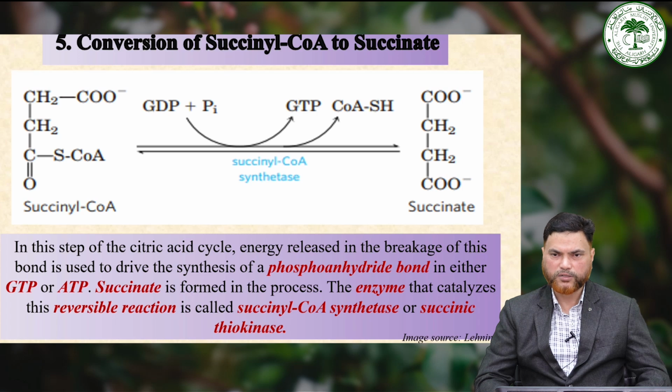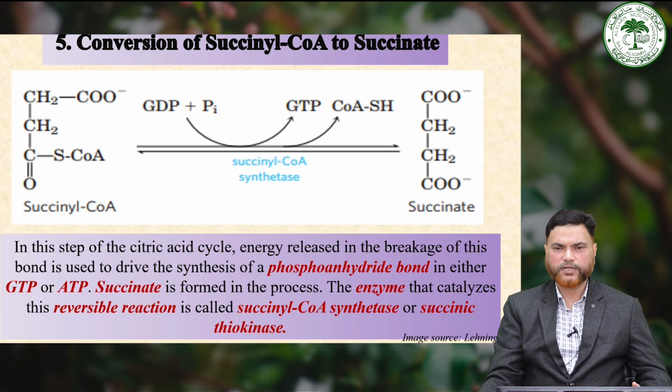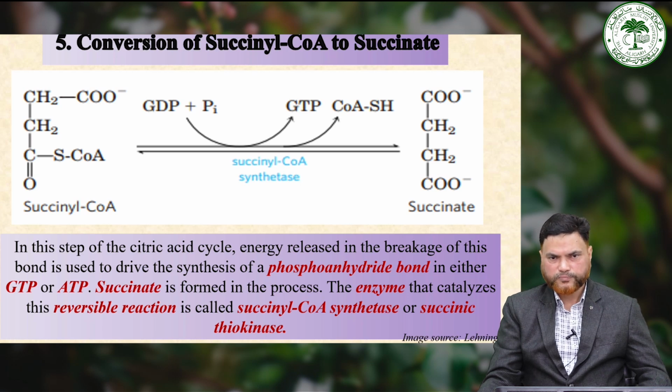In animals, it leads to the phosphorylation of GDP, resulting in the synthesis of GTP. The enzymatic reaction is catalyzed by succinate thiokinase, also known as succinyl coenzyme A synthetase.